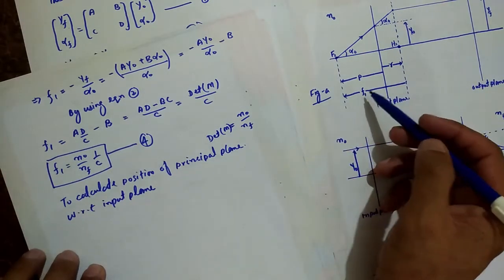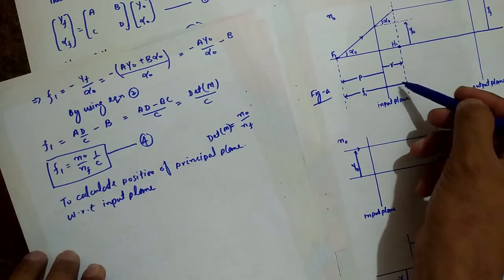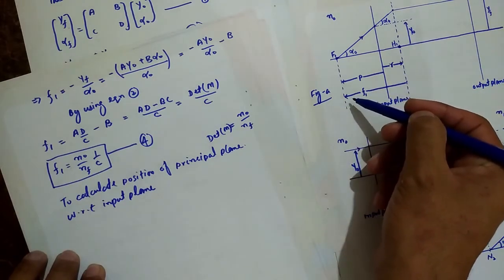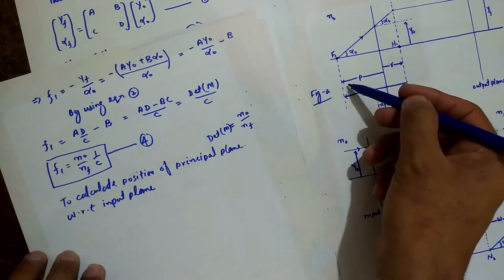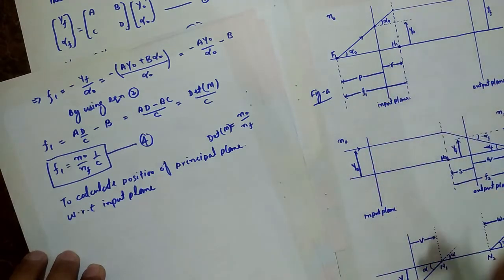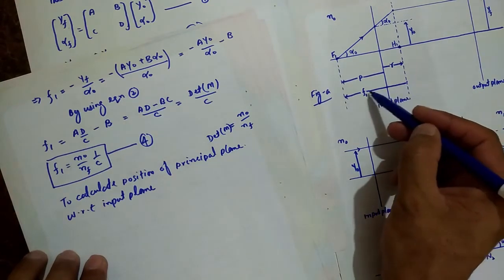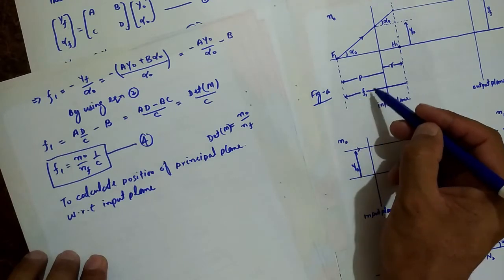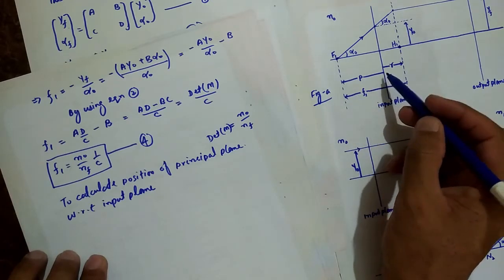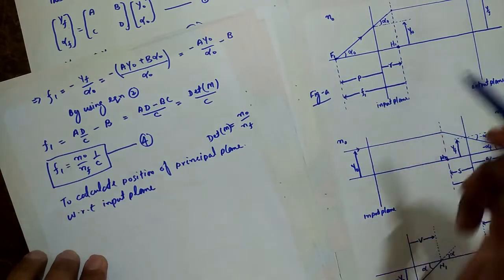Here in this figure, by using the convention that distances directed towards the left are taken negative, while distances directed towards the right are taken positive, we see that this is minus f1. Minus f1 is equal to r minus p. Clear?